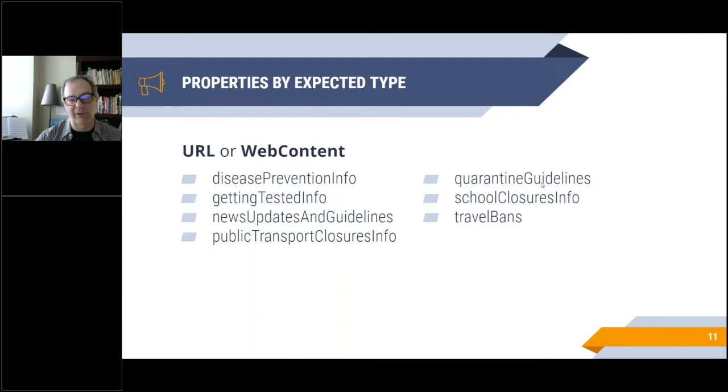So disease prevention information, getting tested information, public transport closures, quarantine guidelines, school closures, travel bans, and news updates. All of these basically point to some other page. So the use of these properties by the search engines is to say, hey, if you're looking for getting tested information for the authority that I'm representing, you can find it at this URL. It could also point to some other piece of web content. Think of web content as meaning web page, but typically this is going to be a URL value.